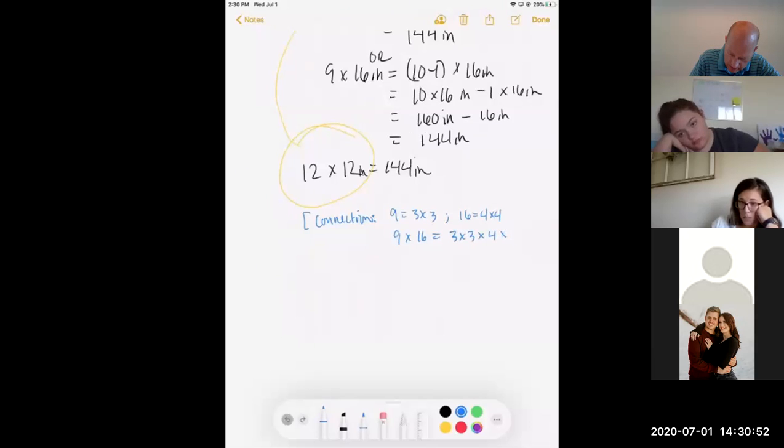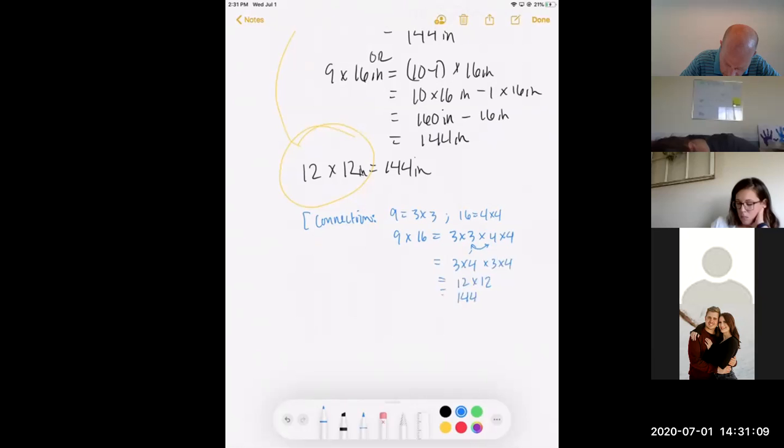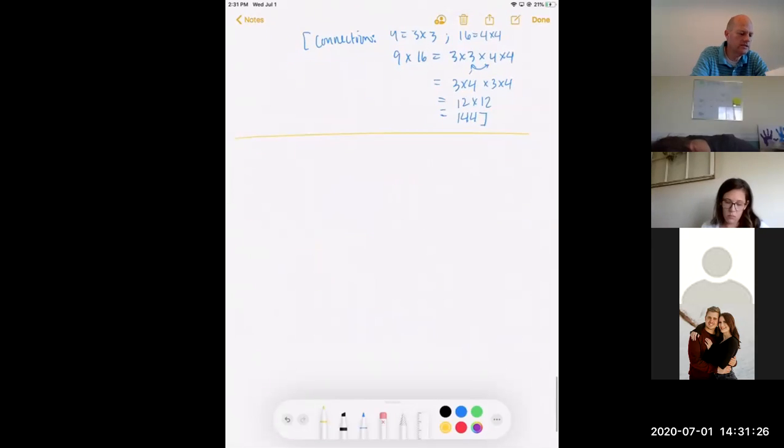And if I use the commutative property, then I can make it easier to do 3 times 4 times 3 times 4. And that's 12 times 12, and that also equals 144. So it's another way to do the mental math on 9 times 16. Break them up into factors, little numbers, and then switch them around to make them easier. Okay. So it's kind of like an introduction to our mental math, the last part of our lesson.